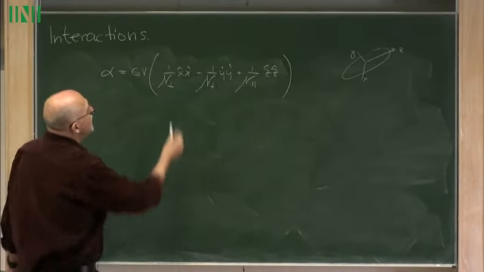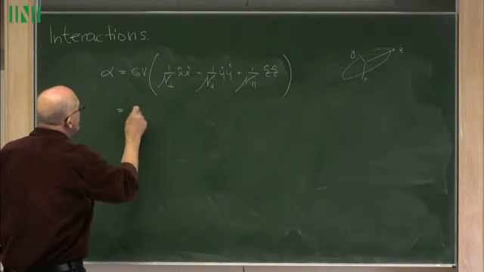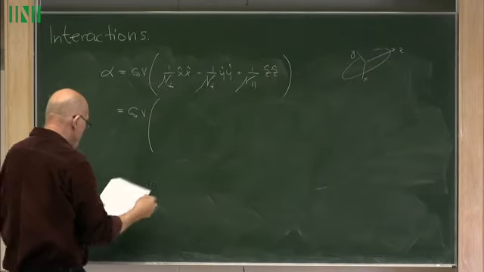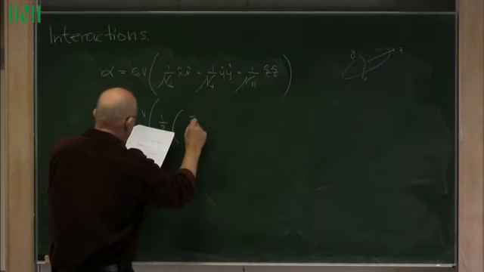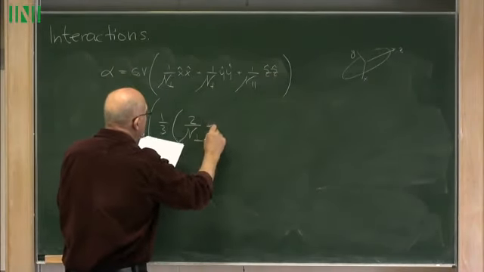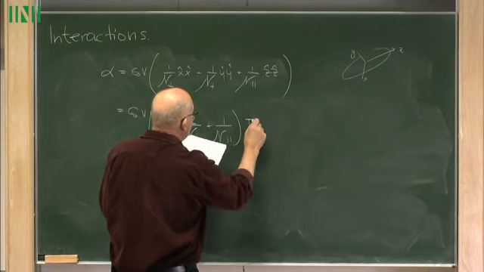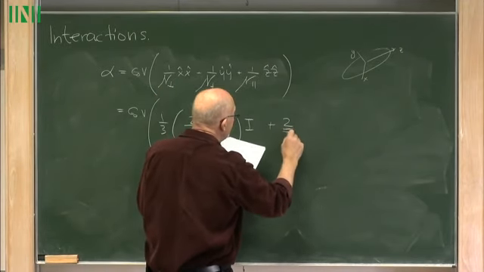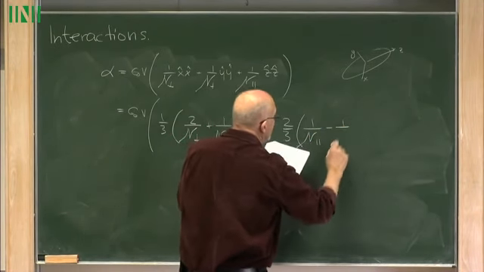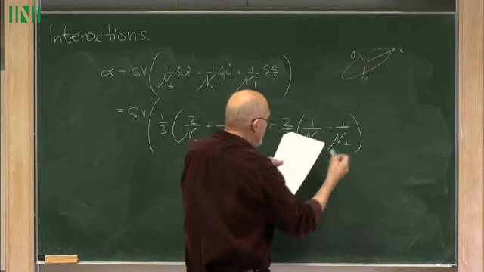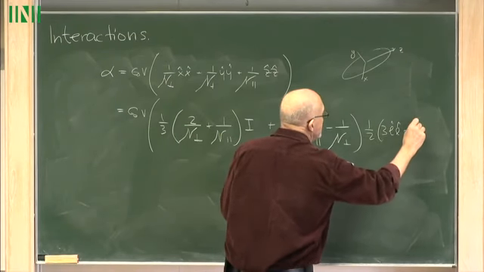Okay, so now we can replace these guys by the identity, move things around, and then we can write this in the more customary form of 1/3 times 2 over n perp plus 1 over n parallel times the identity plus 2/3 times the anisotropy term times the usual 1/2 of 3 L hat L hat minus the identity.